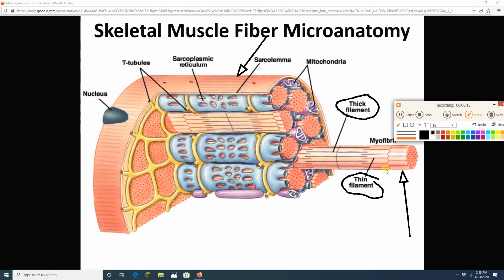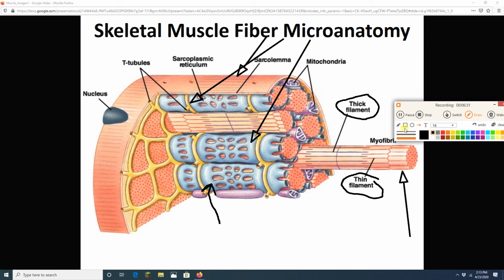And what I want to point out right now is that there is something wrapping around every myofibril. This guy right here, that blue thing. There's one of these blue things on every single myofibril.